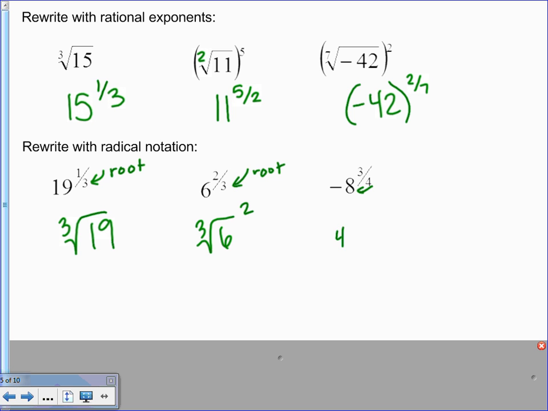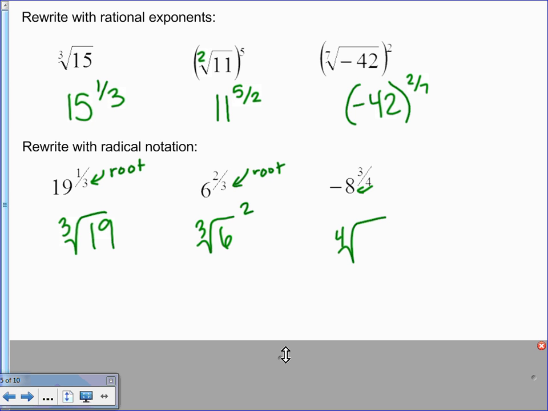A 4th root, what do I put under the radical? 8 or negative 8? Is the exponent touching the 8 or touching all of negative 8? It looks to me like it's just touching the 8.